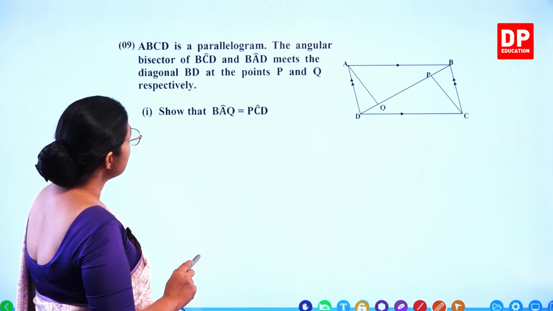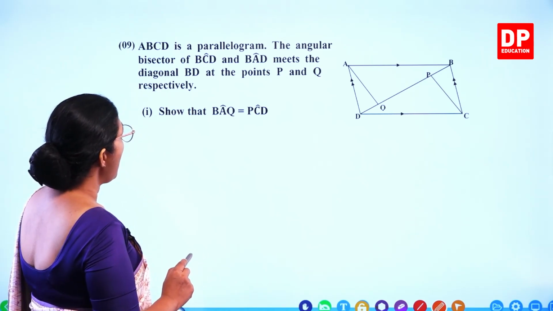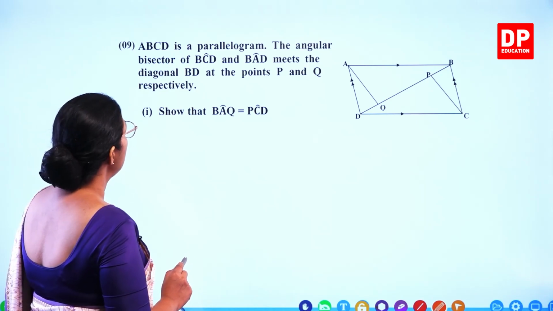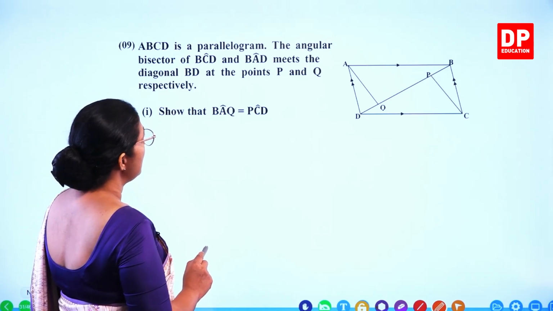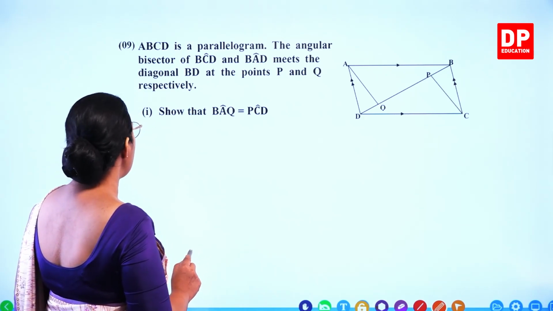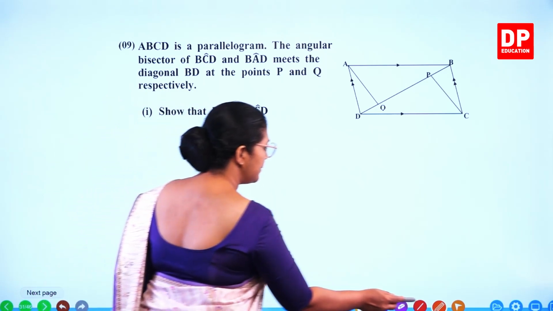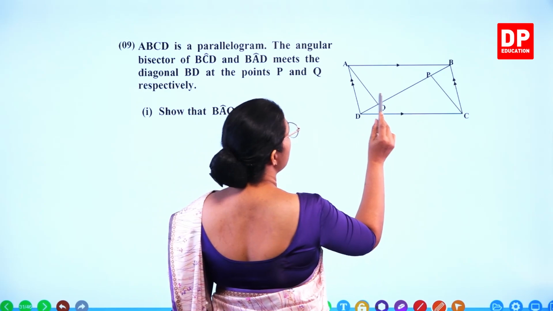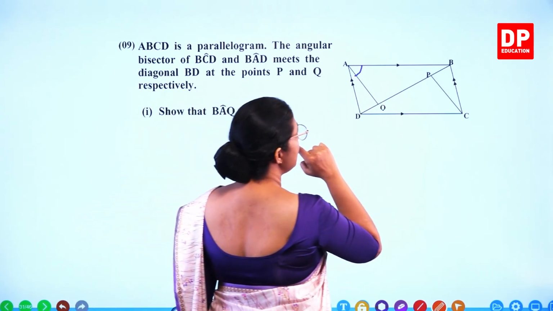The angle bisectors of BCD and BAD meet the diagonal BD at the points P and Q respectively. Show that angle BAQ is equal to angle PCD.